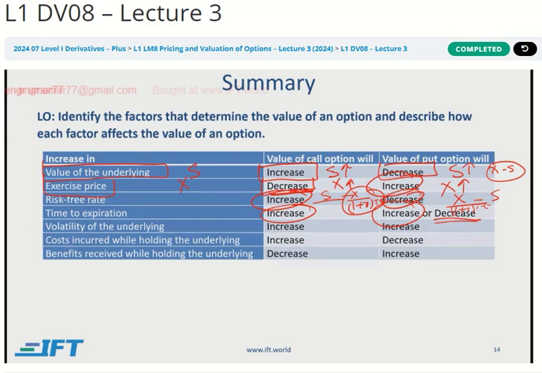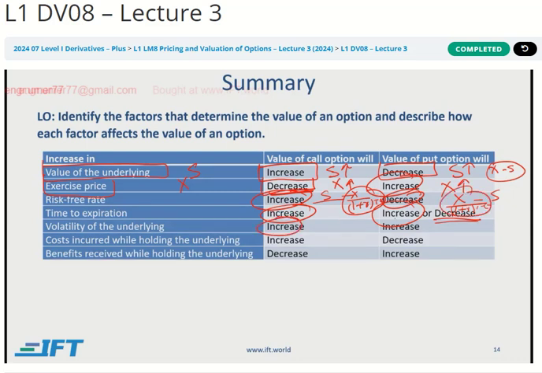Then in that situation it will decrease, because you're going to have to wait for the expiration, and it is not going to be a nice situation because you're deep in the money, you want to book your profit but you will not be able to, and you will have to wait, and the higher risk-free rate will be impacting the present value of the exercise price as well, which is what happens over here.